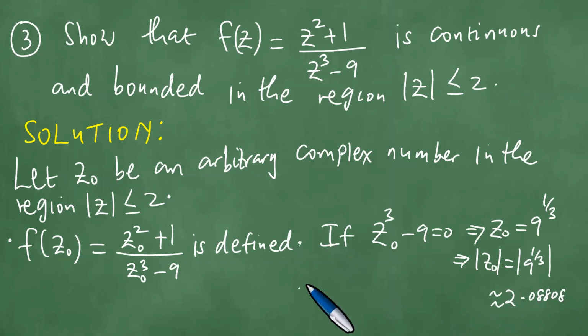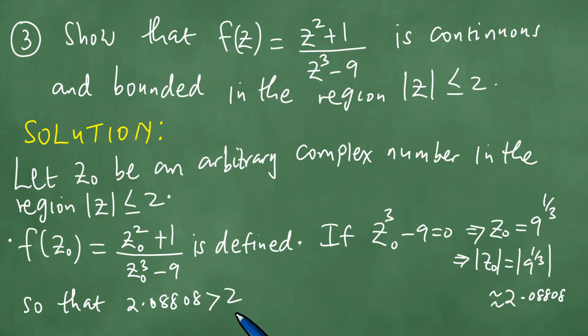So that in the end, 2.08808 is bigger than 2.